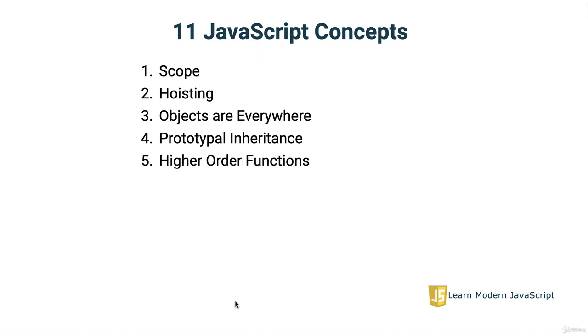Then we talked about higher order functions. JavaScript has higher order functions that makes many things that we do in JavaScript possible. One of those being callbacks. And we dealt with callbacks and the importance of callbacks. Even though there have been additional asynchronous patterns added to JavaScript, callbacks are still critical and important. We dealt with IIFEs, immediately invoked function expressions.